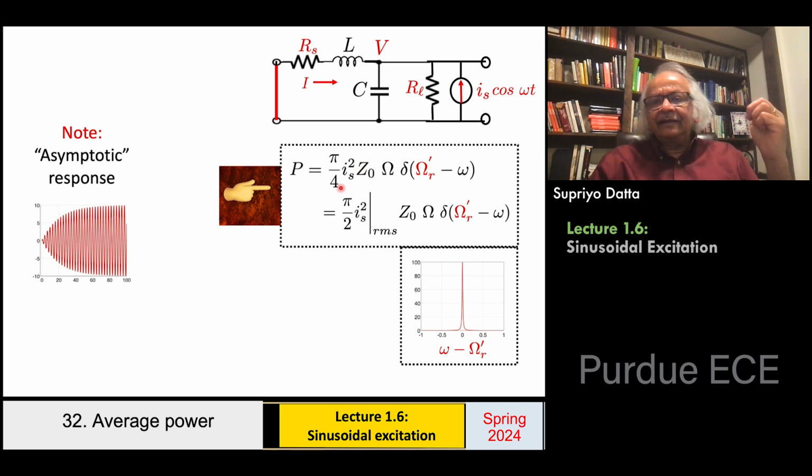If you do that, then instead of this pi over 4, you'll have a pi over 2 here. But that's a minor point, in case you are used to the RMS result. And note that what you're writing is the power that this circuit will draw from my source under steady state conditions, that is, in the asymptotic response. In the beginning, the answers will be different, but after it has settled down.